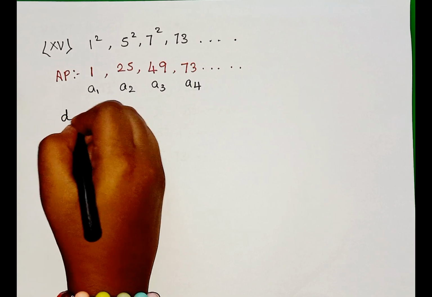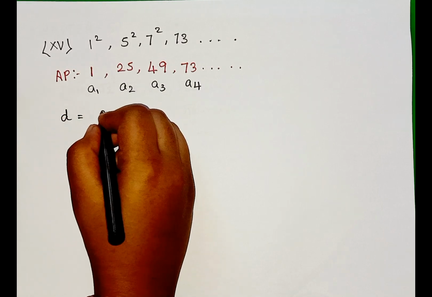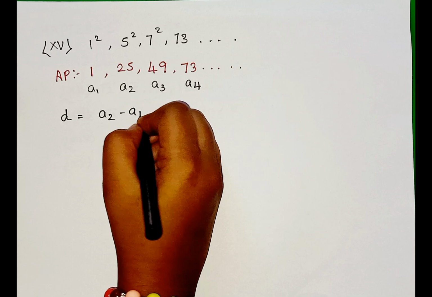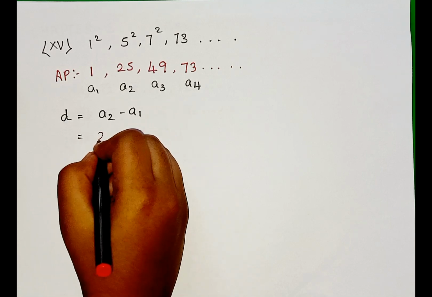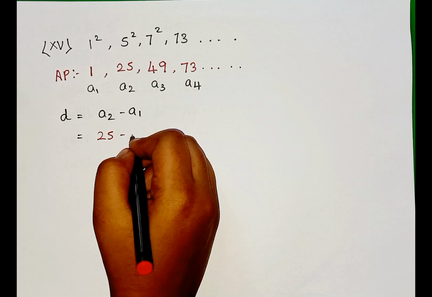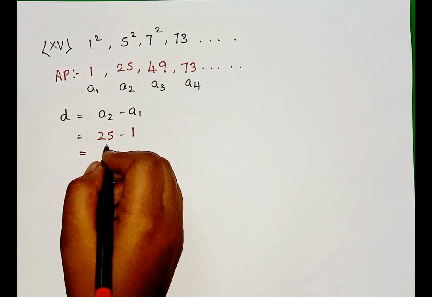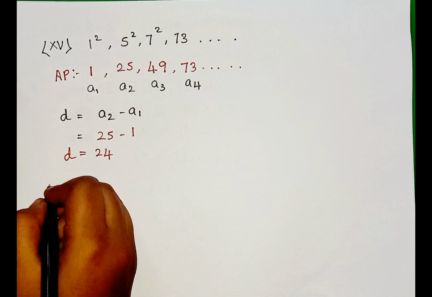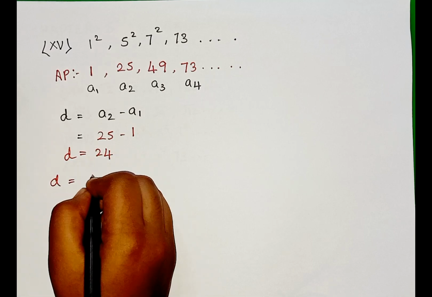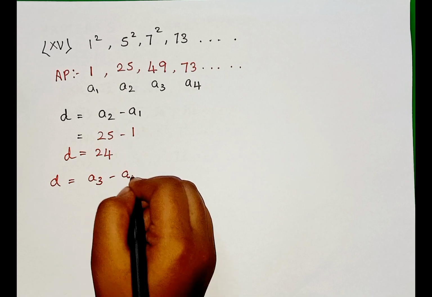Perfect. So let's find the common difference, that is A2 minus A1, is equal to, here the A2 value is 25 minus A1 value is 1. So when we subtract it, we will get 24. So now let's find the common difference for A3 minus A2.